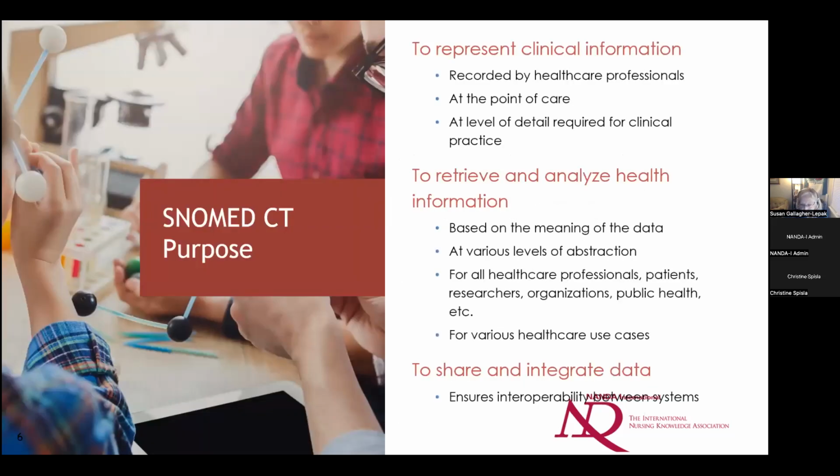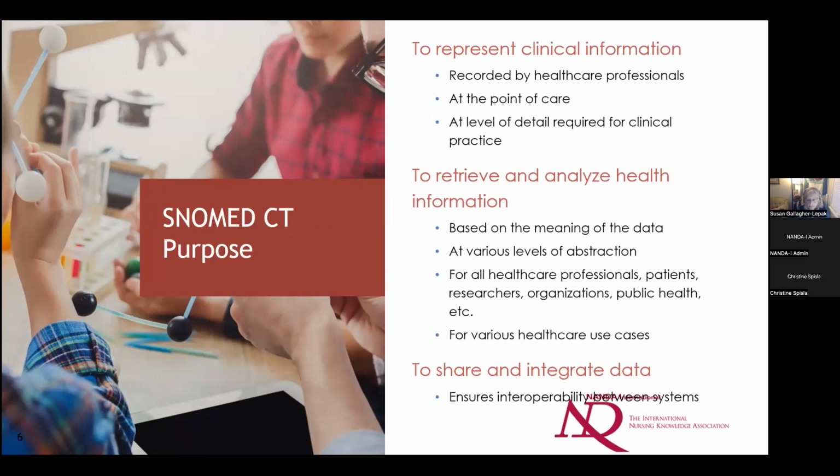So I've pilfered a couple of slides from the SNOMED CT group, and they've given us additional information here. They show that it provides a level of detail, because in different areas where you do documentation, different levels of detail are required.